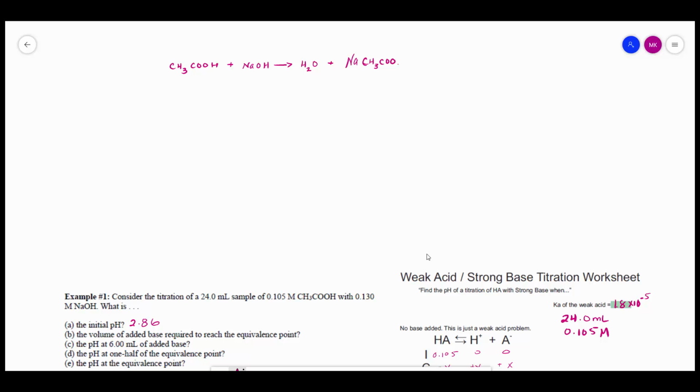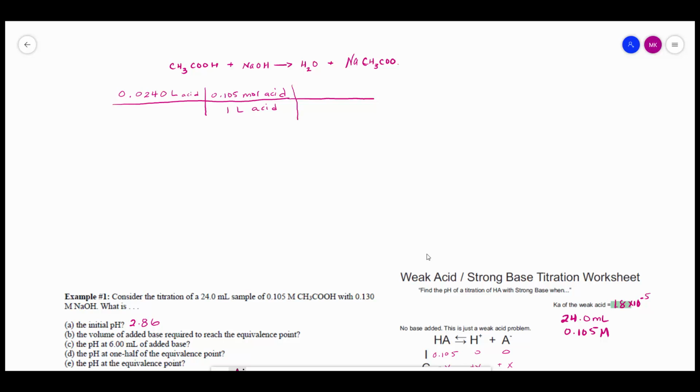We have a 24 milliliter sample, so I need to start with that volume because I'm going to start with my acid here. So a 24 milliliter sample of my acid, and I'm going to multiply that by the molarity, 0.105 moles of acid per 1 liter of acid. Remember, that is the definition of molarity, moles of solute divided by liters of solution.